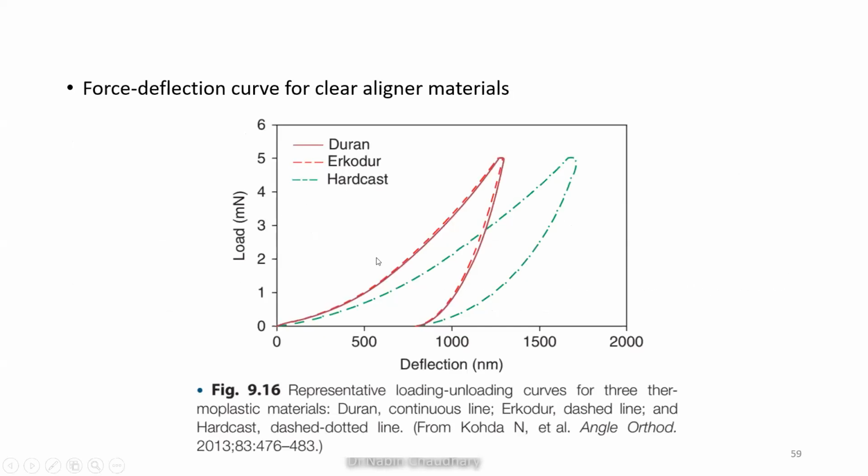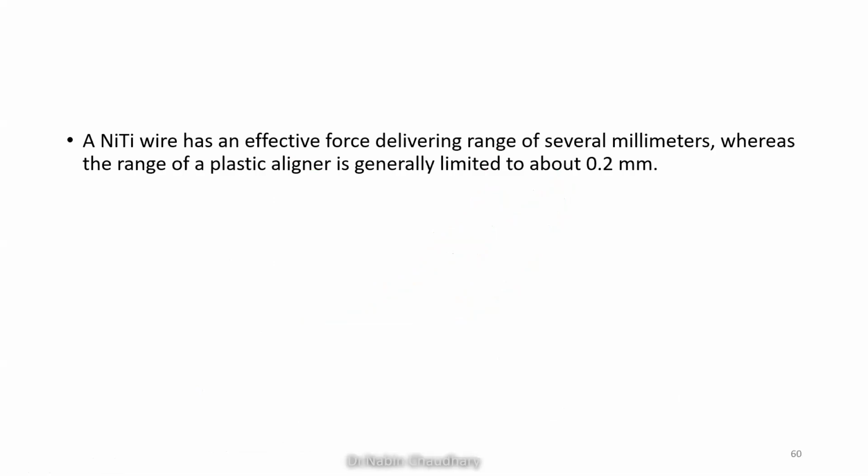For example, in this diagram, the different load deflection has been seen. The continuous red line is the Duran aligner material, the dotted red line is the ANCHORAGE, and the dotted green line is the hard cast, and it shows the load deflection of the clear aligner materials.